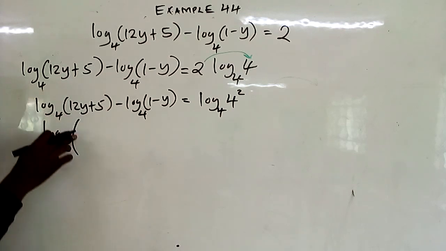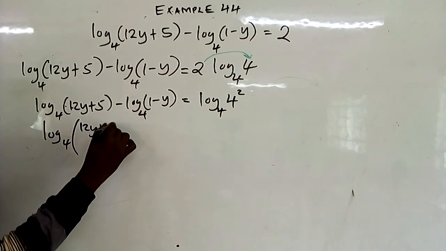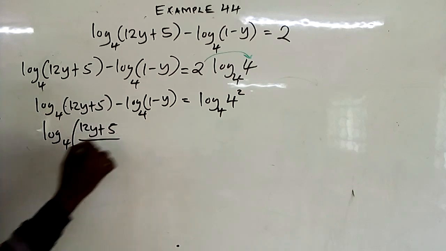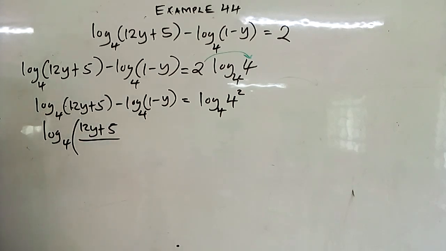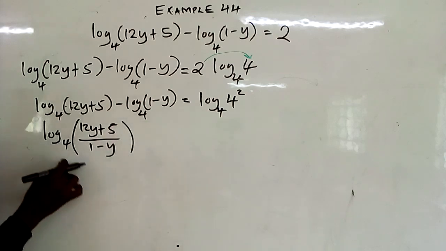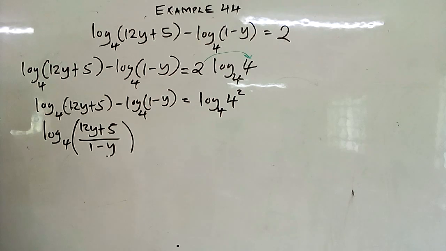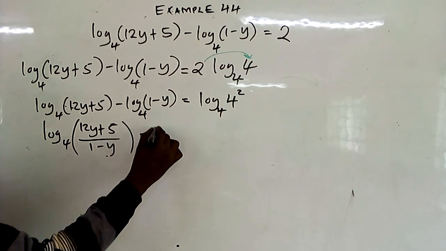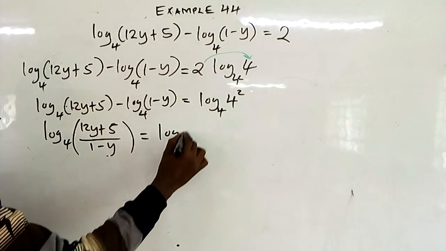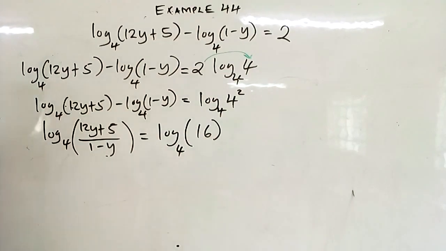If we remove log to base 4 outside, we remain with 12y plus 5. Subtraction changes to division, then 1 minus y. If you take back the log inside, division goes back to subtraction the way it was. That is equal to log 4 squared, which is 16, to base 4.